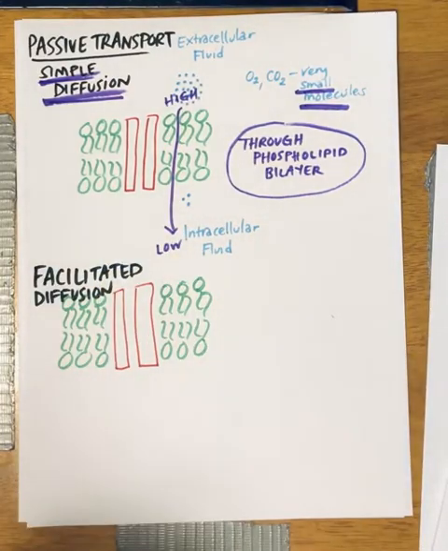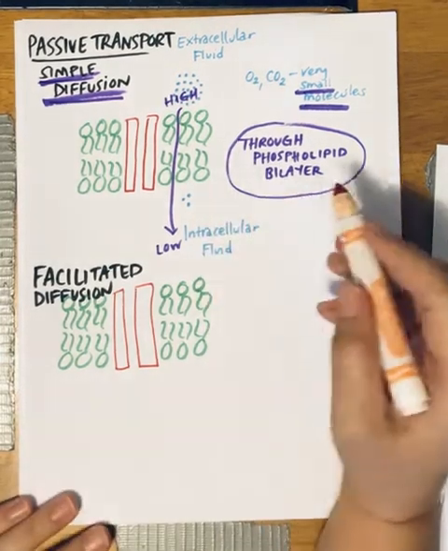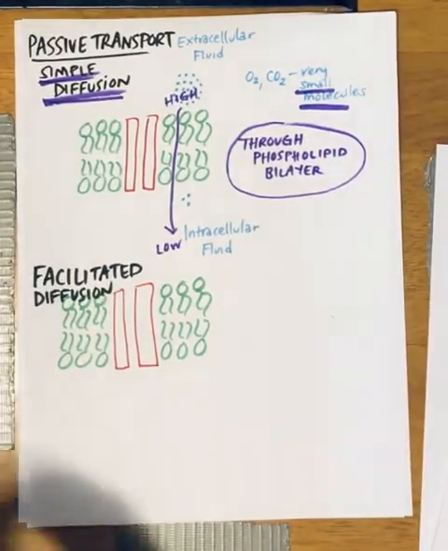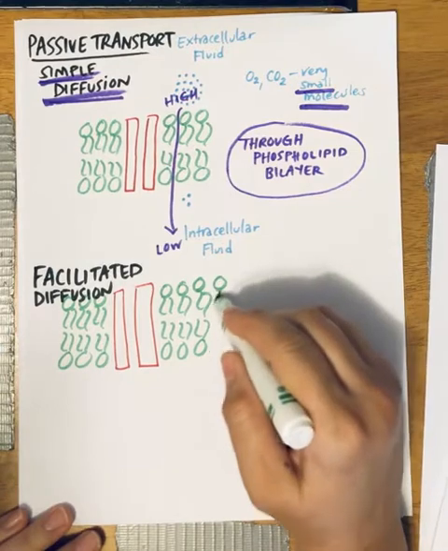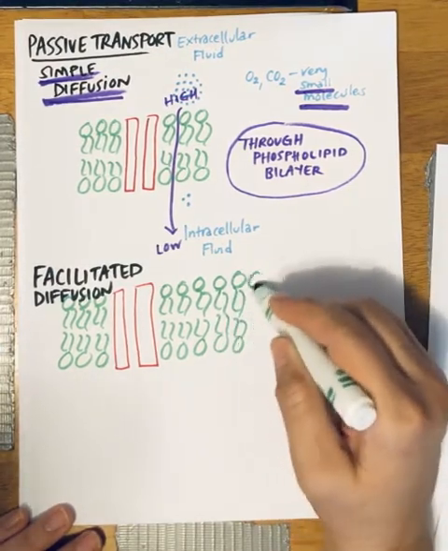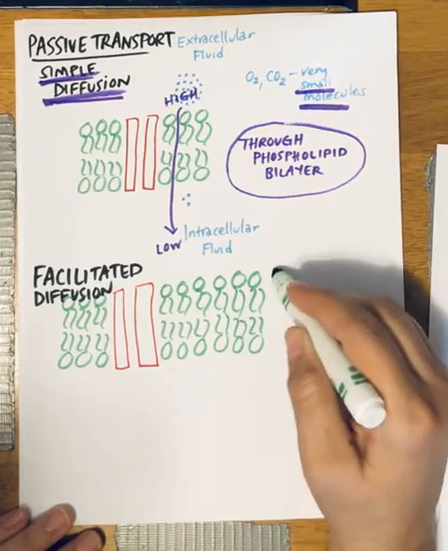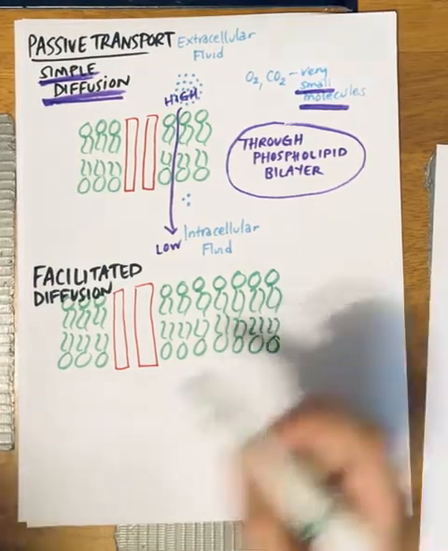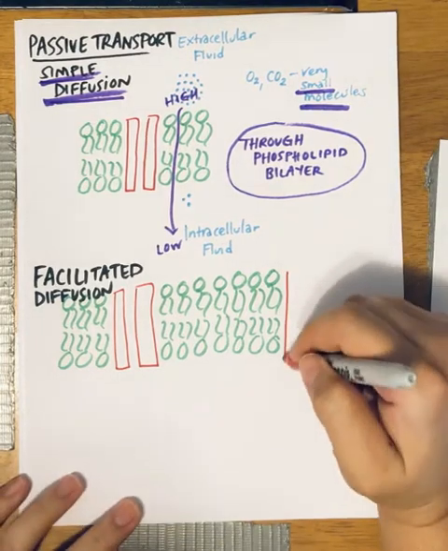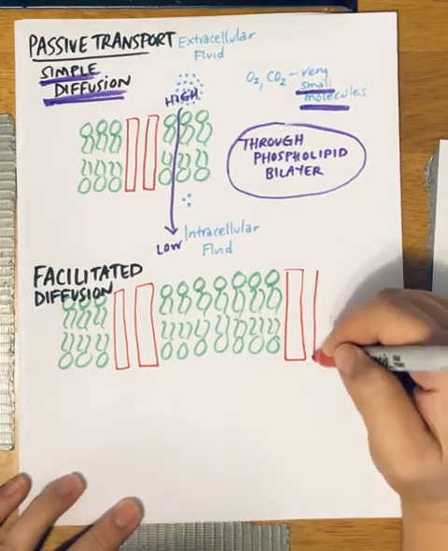Facilitated diffusion is the movement of very large molecules from high concentration to low concentration. I'm going to draw some over here because I kind of ran out of room. We're going to draw another transport protein. A prison has more than one gate that you can enter, right?